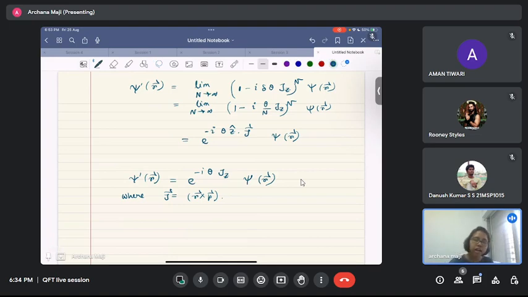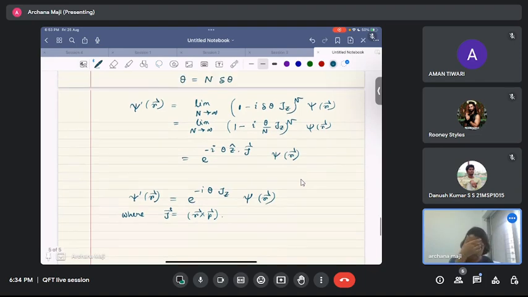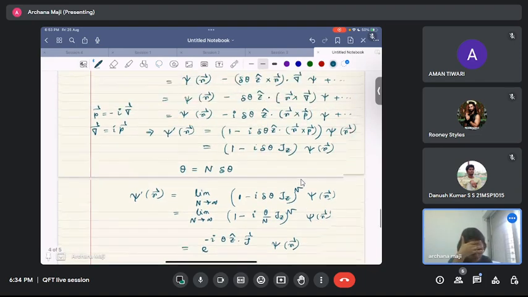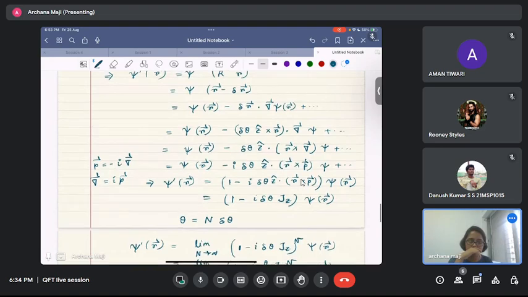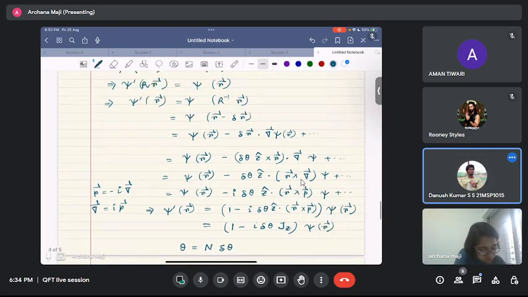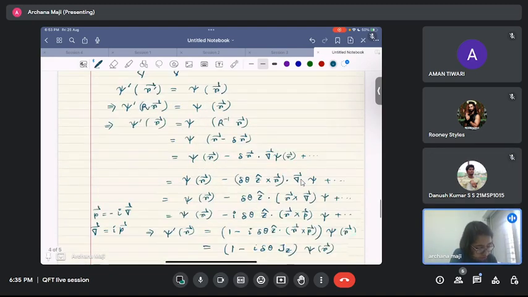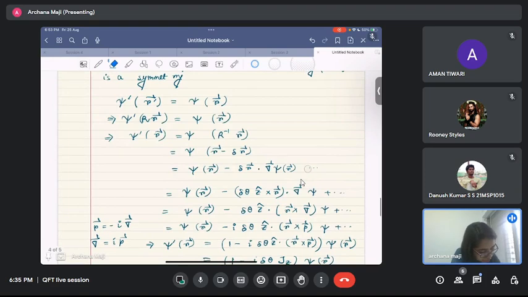Is this clear? Are there any questions? So ma'am, theta here is a continuous variable and delta theta is somewhat discrete here, right? No. Delta theta is still continuous, but it is infinitesimal. Meaning the higher order terms are not there.